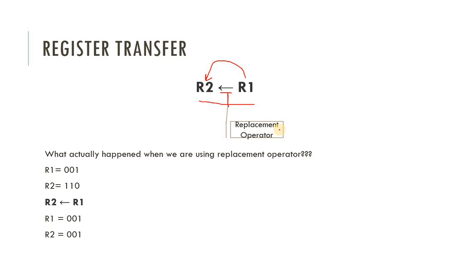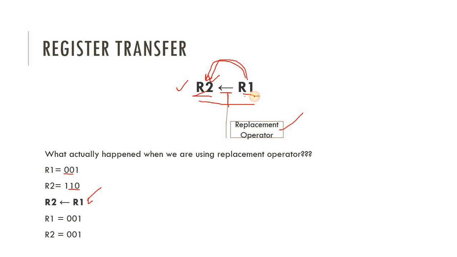So how does the replacement operator work, or what actually happens when we use it? Let's assume that the value of R1 is 001 and the value of R2 is 101. Now we execute the replacement operator, and this instruction says the content of R1 is replaced into R2.